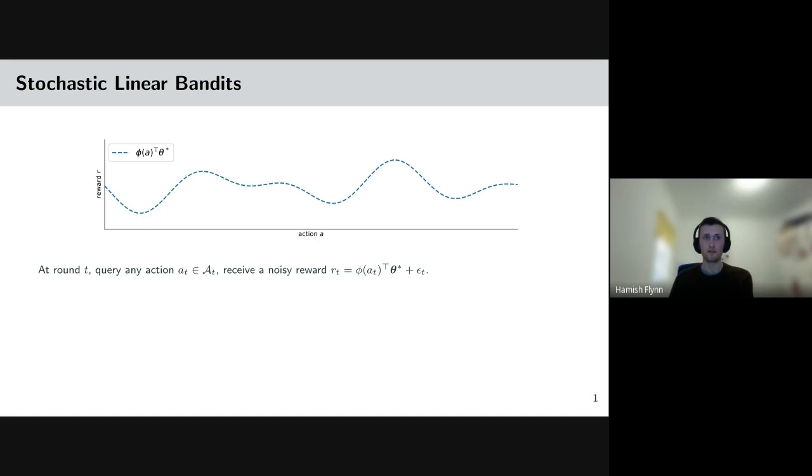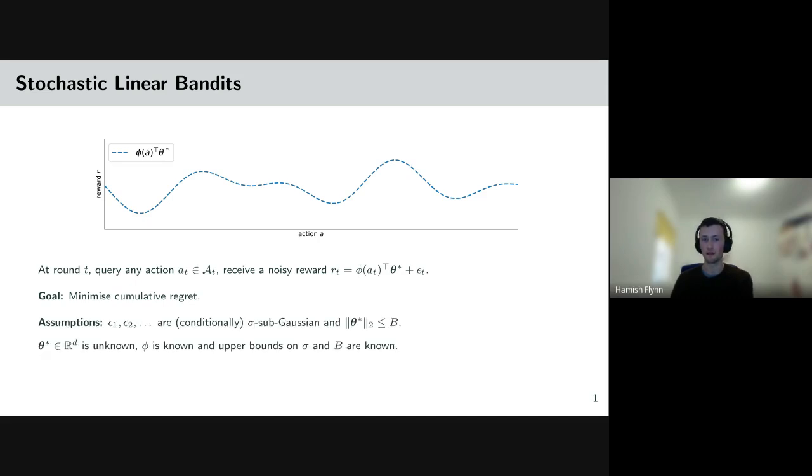In round T of the problem, the bandit algorithm chooses an action A_t and receives a noisy reward R_t, which is the value of this linear reward function plus some noise epsilon. So we focus on minimizing cumulative regret.